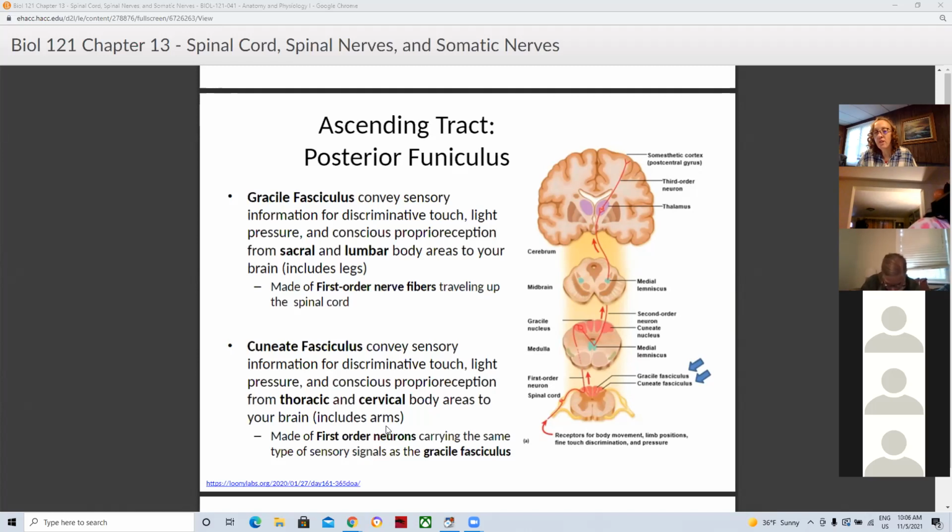And these are both found in the posterior funiculus, the back white column, posterior white column.